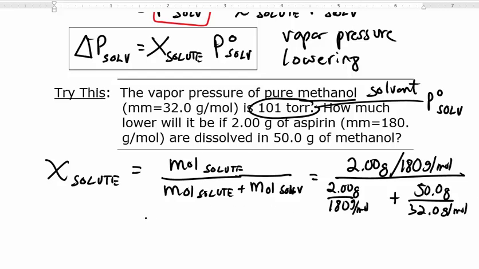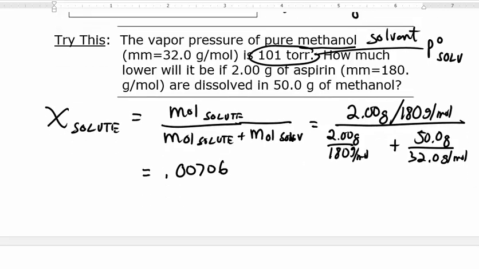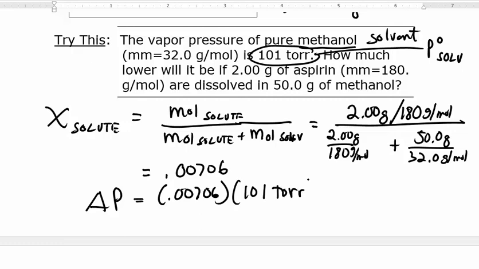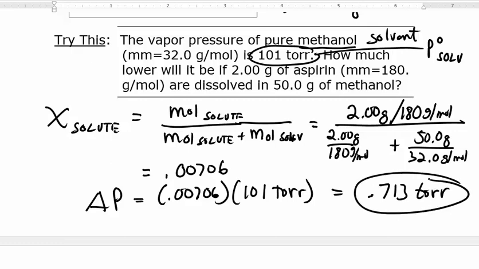So that gives us a mole fraction of 0.00706 of the aspirin in methanol, which allows us to feed into that equation we have in the box above. The change in vapor pressure is equal to mole fraction times the pure pressure, and that will equal 0.713 torr for our final answer.